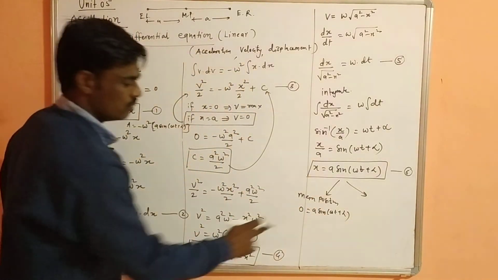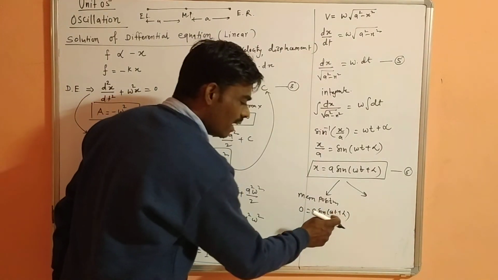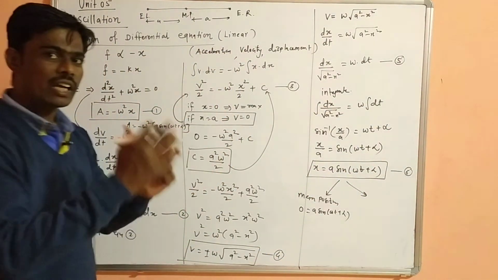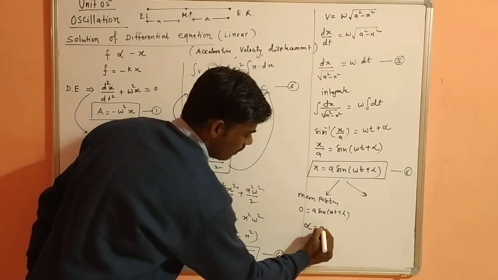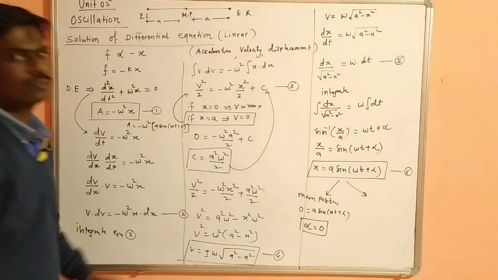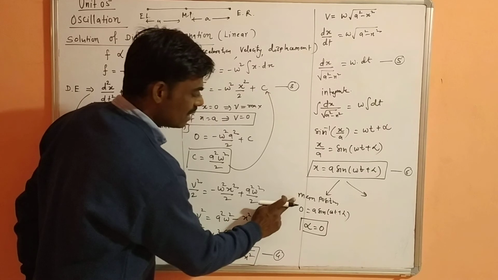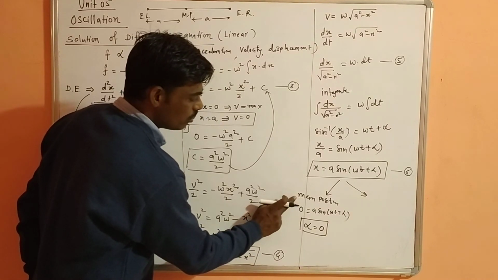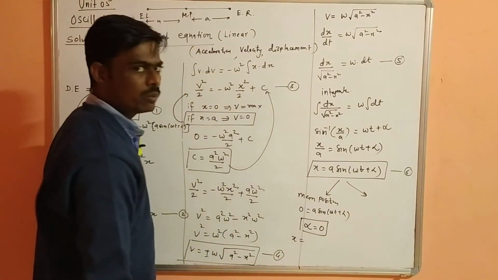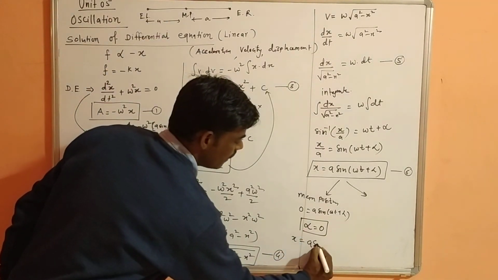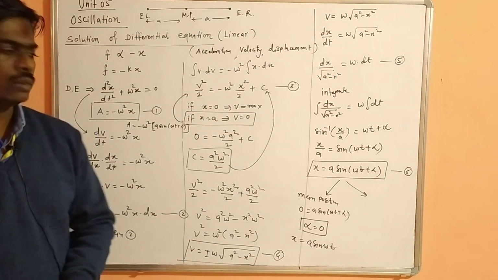On solving this, 0 by a becomes 0, and sine of this angle is equal to 0, that means it is sine 0, which is 0. So the value of alpha is 0. If particle starts SHM from mean position, the final equation for displacement becomes x is equal to simply a sine omega t, because alpha is 0.